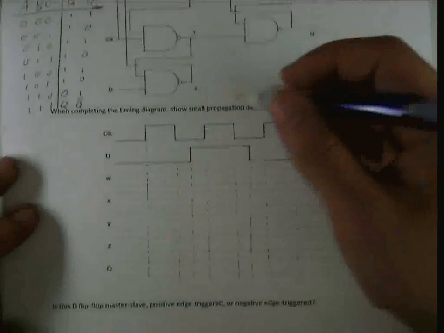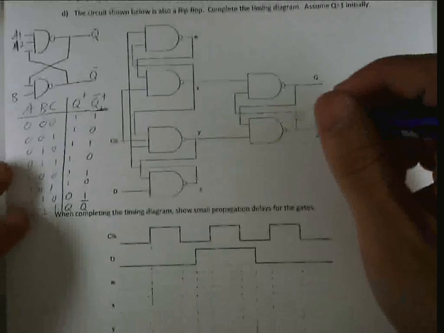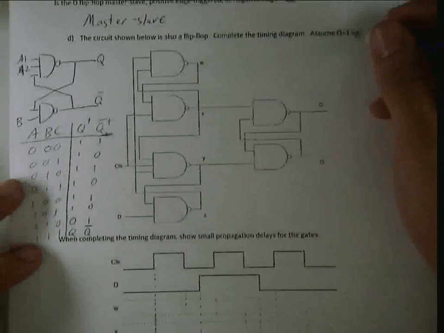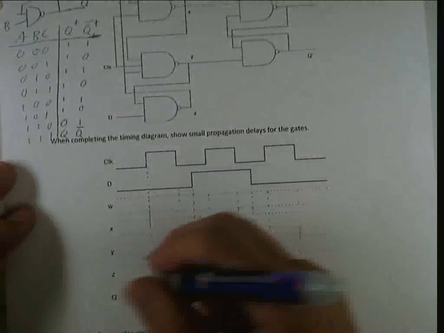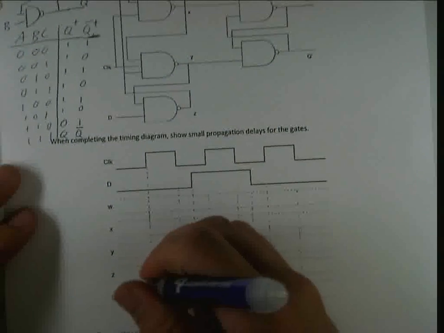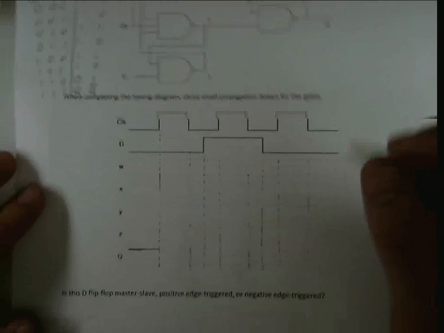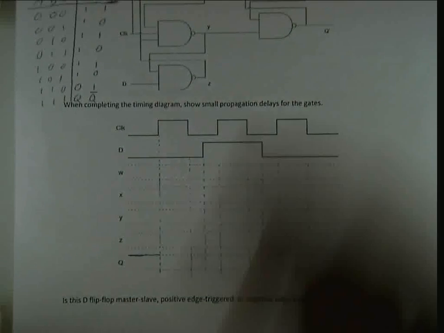So let's approach this quickly. We're going to assume that initially Q is equal to 1. We can assume this is the case to start, and we don't necessarily know what Z, Y, W, and X are.